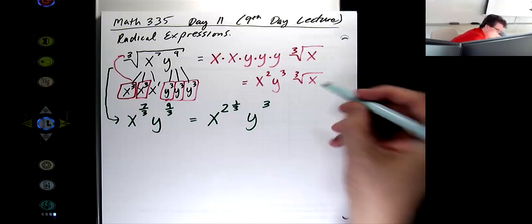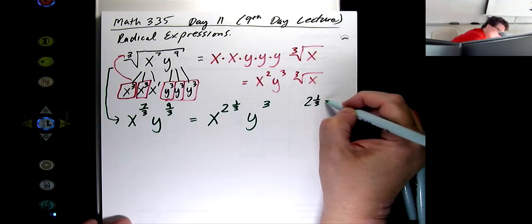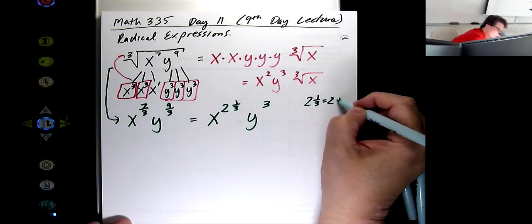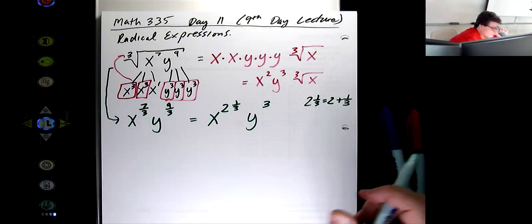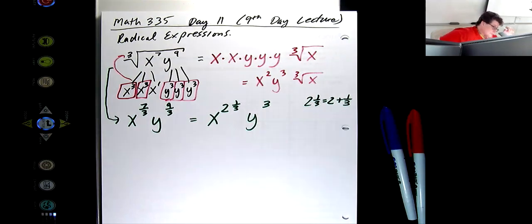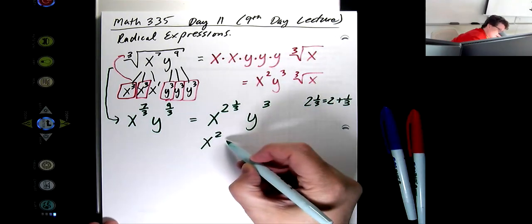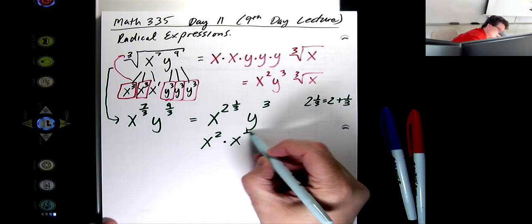It's important to recall that having a mixed fraction like that, 2 1/3, really means 2 plus 1/3. They're not multiplied together. It's a whole number and a fraction. So this is x squared times x to the 1/3.